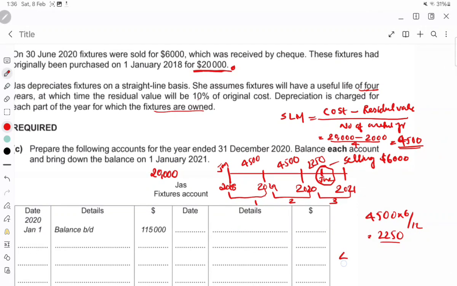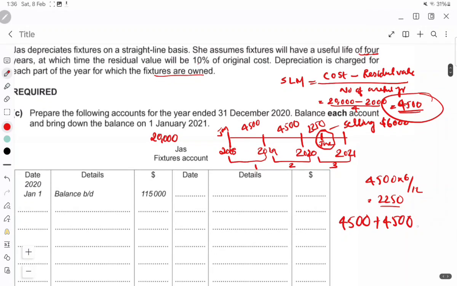So the first year we charge depreciation of 4,500. The second year also 4,500. Why is it 4,500? Because it is the straight line method. Then the last year is only 2,250, because we are selling these fixtures on June 30th.